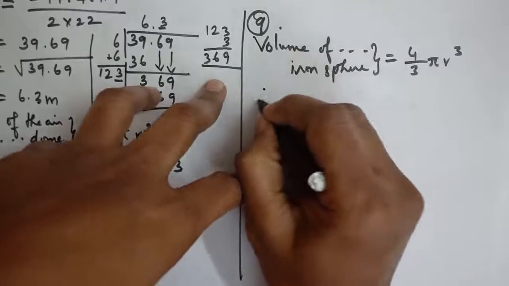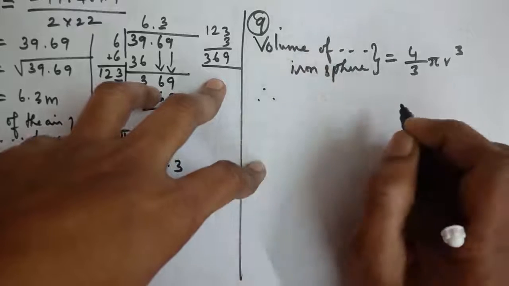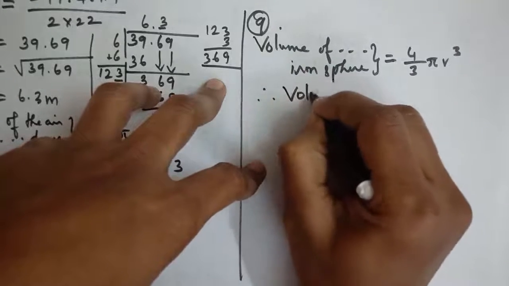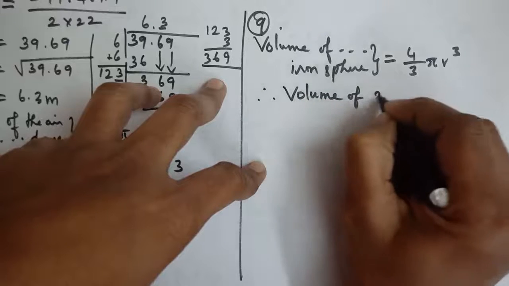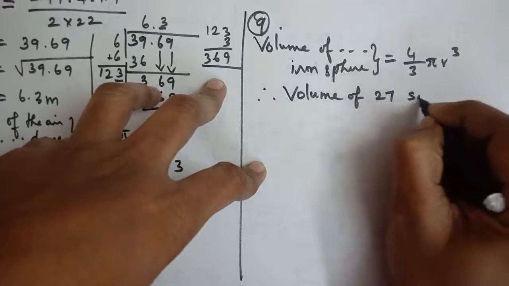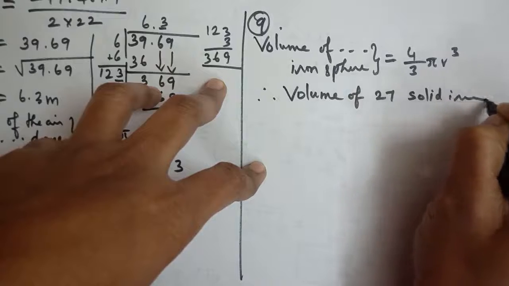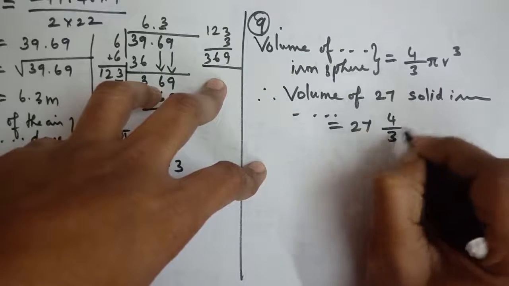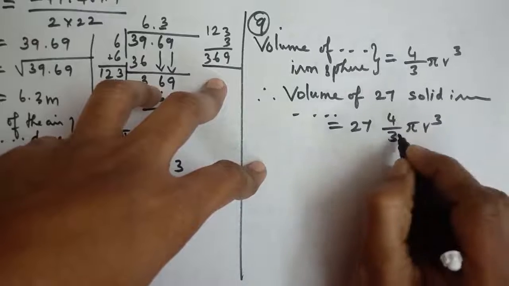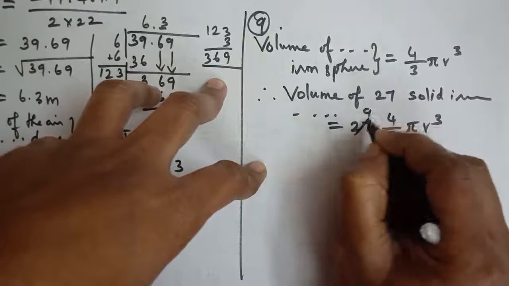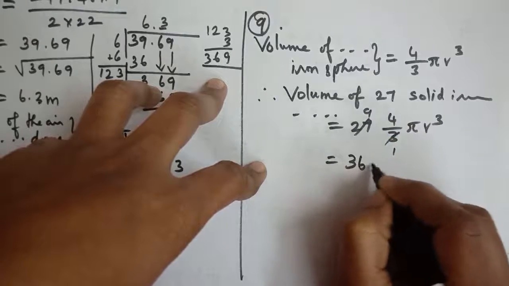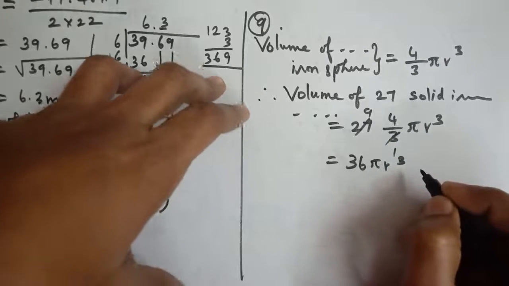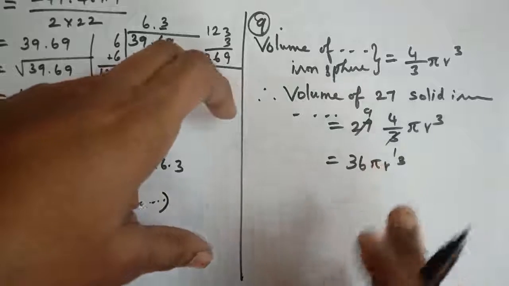Then the volume of 27 such solid iron spheres is equal to 27 into 4 by 3 pi r cube. Here this is 9, so that is equal to 36 pi r cube.